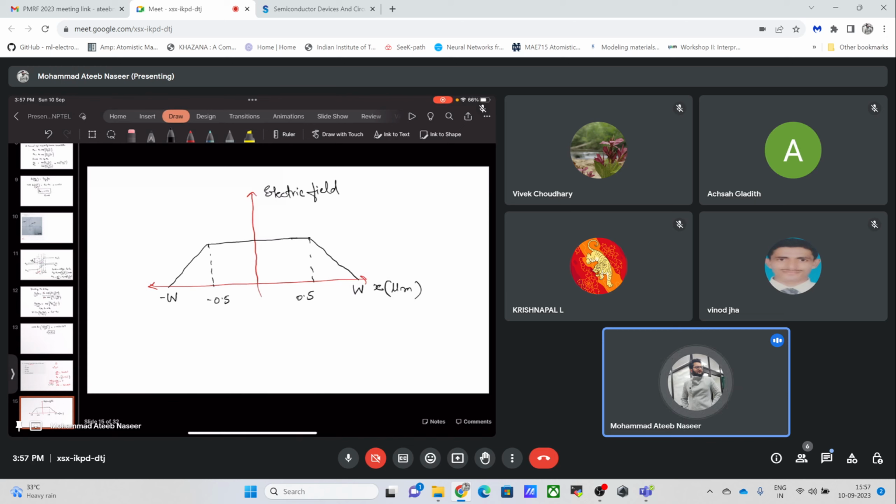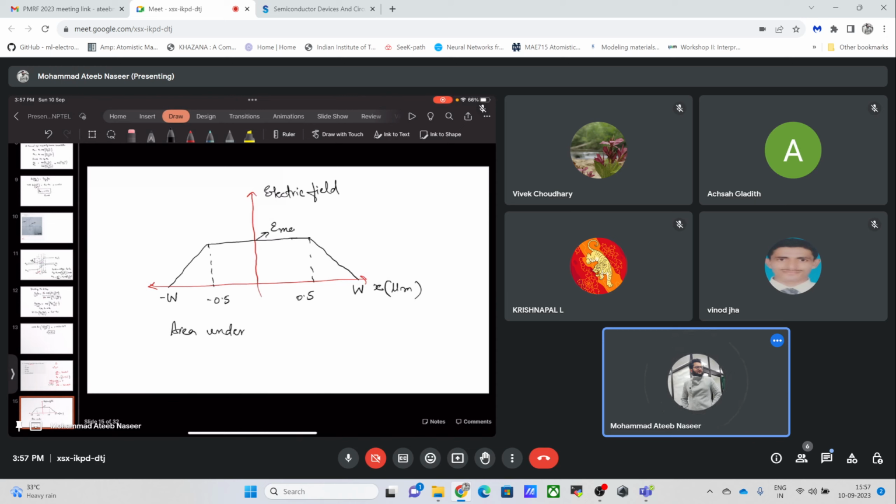Now the area under this curve will simply give me the built-in voltage. If I integrate this electric field, it would simply give me the built-in voltage. This is the maximum electric field.